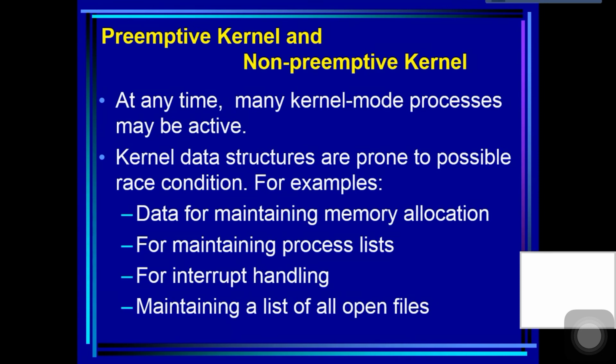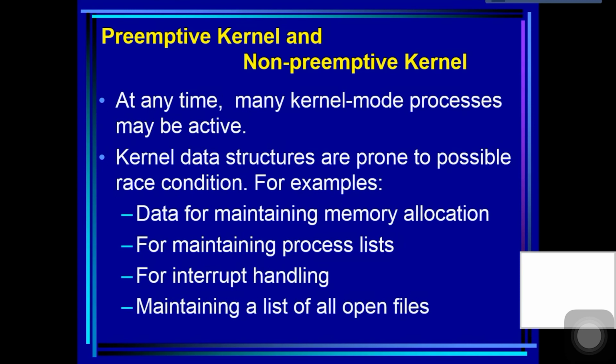At a given point in time, many kernel mode processes may be active in the operating system. As a result, the code implementing an operating system, the kernel code, is subject to several possible race conditions. Consider as an example a kernel data structure that maintains a list of all open files in the system. This list must be modified when a new file is opened or closed.